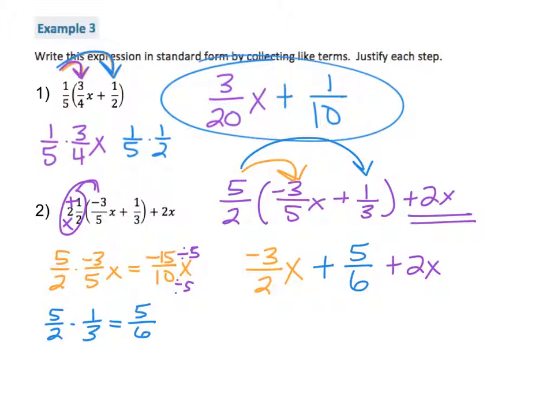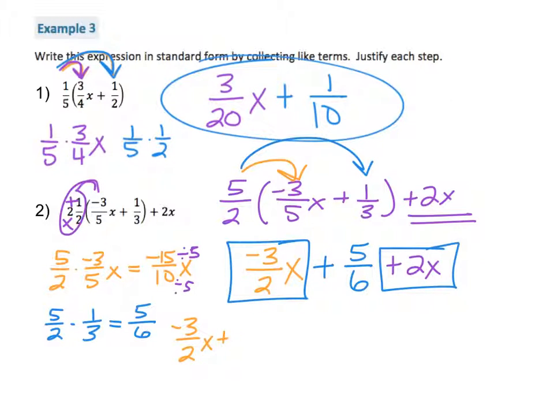Next, we have to collect like terms. So I have an x and an x. When I add these, negative 3/2 x plus 2x, think of it as 2/1. We have to find our common denominator, which is 2. So I have negative 3/2 x, and if I make it into 2, we have plus 4/2 x.